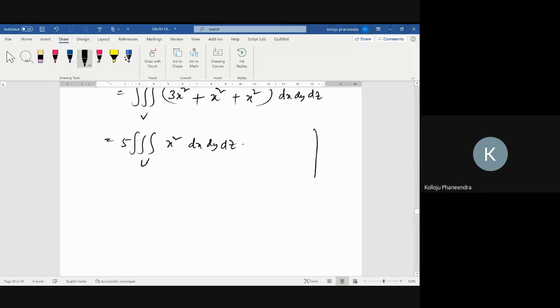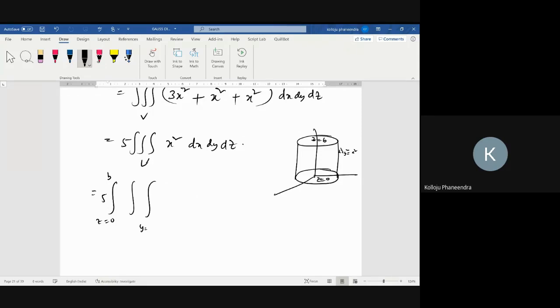Already I told, we did this problem. It is bounded by z equal to 0, z equal to b, and the circle x square plus y square equal to a square is given. So the z limits are fixed first, 0 to b, and the remaining is the circle.